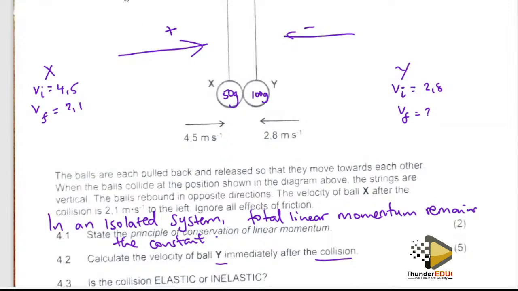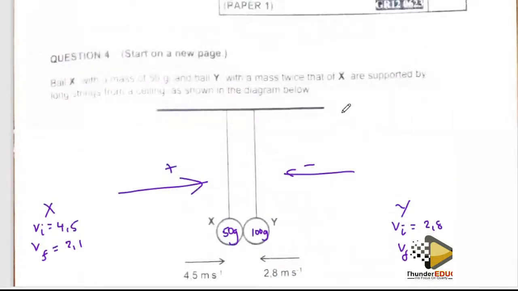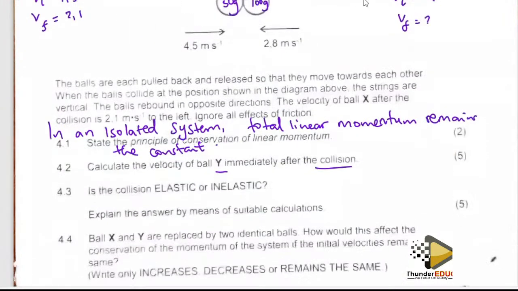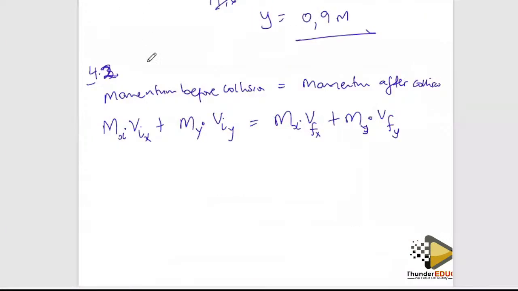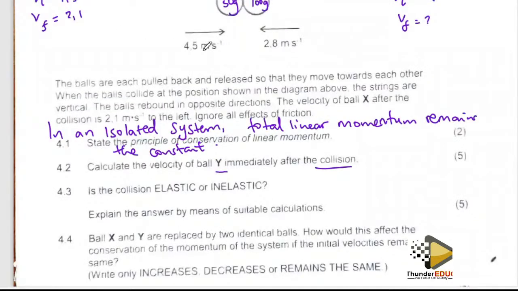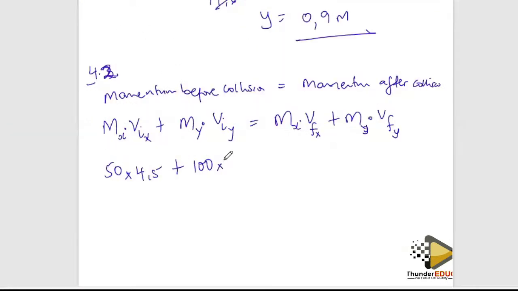So that's going to be the mass of X, which is 50. Did they say 50 grams? Yeah, ball X with a mass of 50 grams. That's correct, okay? So I'm going to say 50 times the V initial, which is 4,5, as we stated, plus the mass of Y, which is 100, times the initial velocity, which is 2,8, but in the opposite direction.